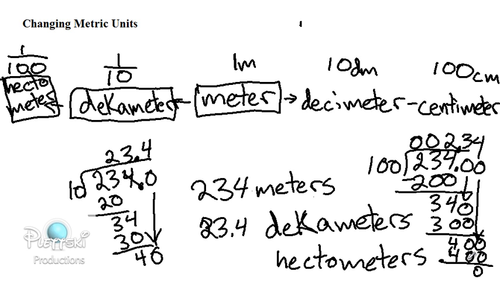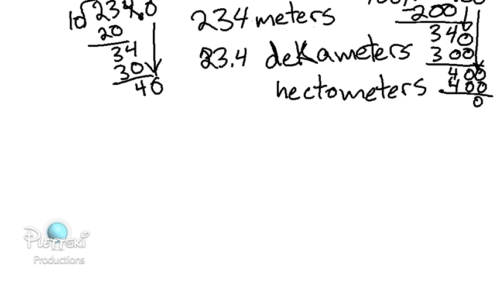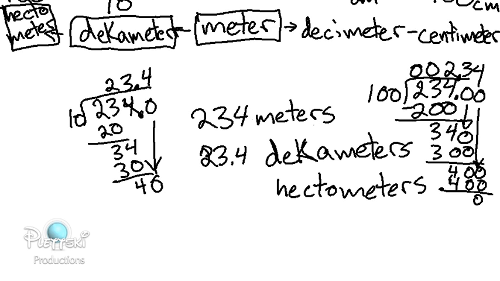Okay, so your answer now is this. We have 2.34 hectometers is the same thing as 234 meters, because a hectometer is 100 times longer than a meter.